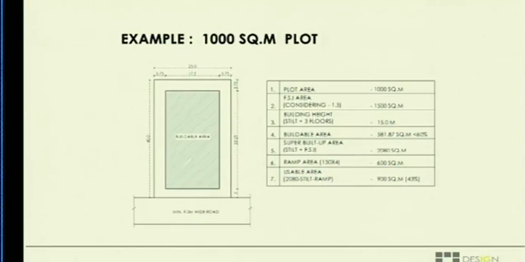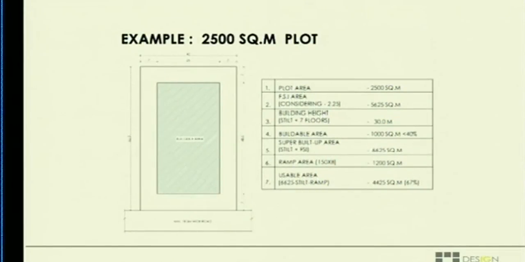So, okay, I can manage 2,000. But when we do all the calculation, we end up with just 900 square meters which can be built. So, when you are planning for your hospital, be careful what size of land you buy. Because if the land is not proper, right in the beginning, you're starting on the wrong foot.